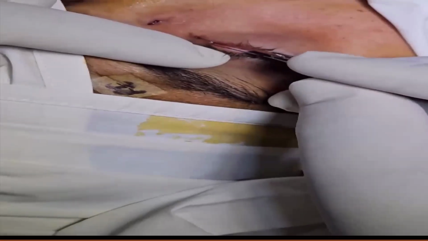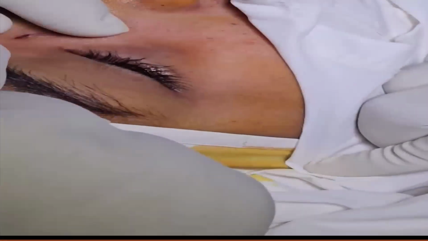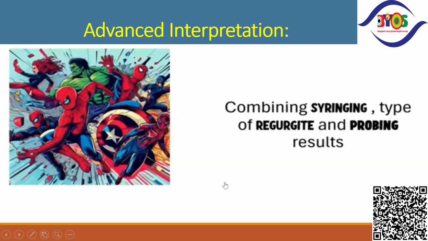In this case of the failed DCR, there might be a remnant of the lacrimal sac, and also the bony part that regrows sometimes, or an inadequate osteotomy has been made in these cases. Now comes the advanced interpretation, combining syringing, the type of regurgitate, and the probing result.